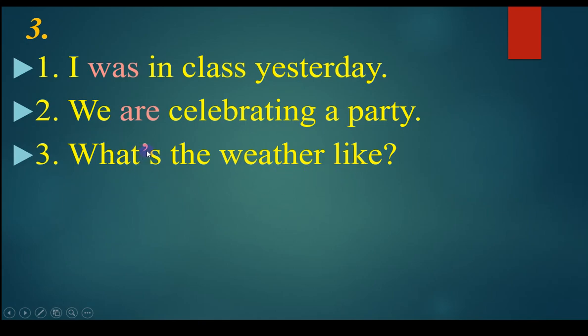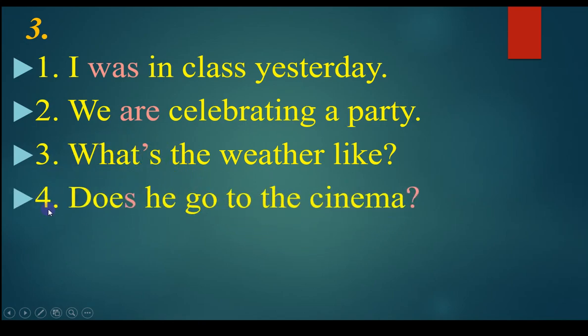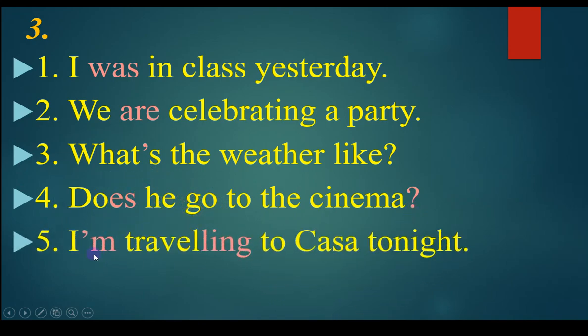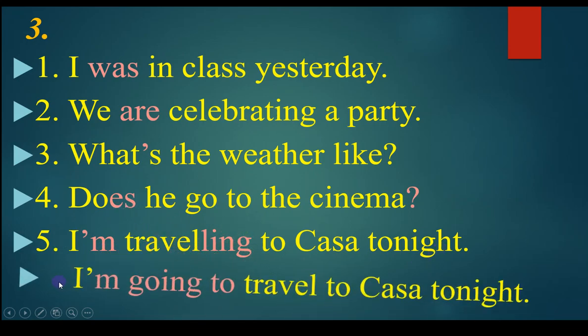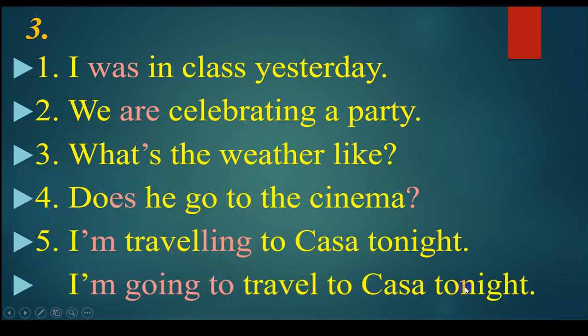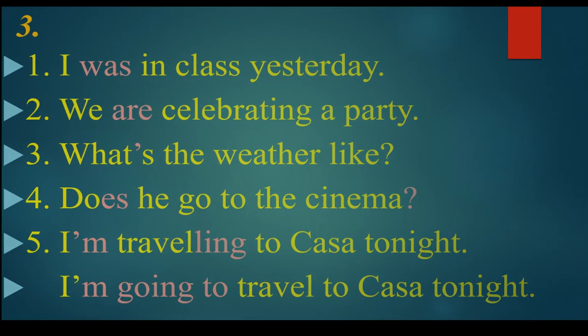So here, as I have already said, we need an apostrophe. 4. Does he go to the cinema? Not do he go to the cinema. And we also need the question mark. 5. I'm traveling to Casa tonight or I'm going to travel to Casa tonight. Right? Good.